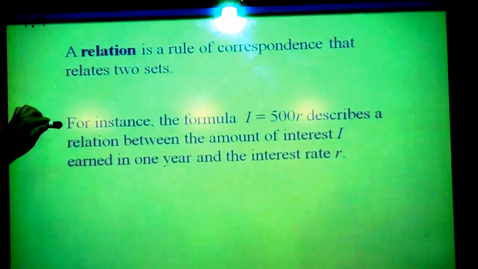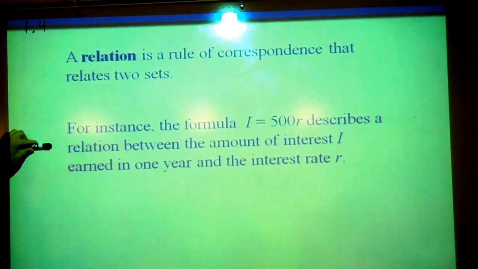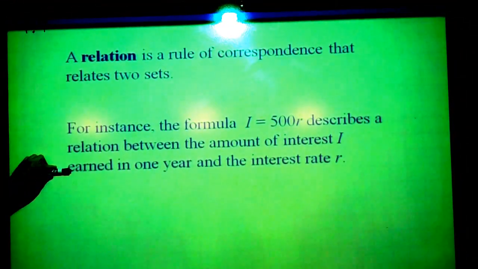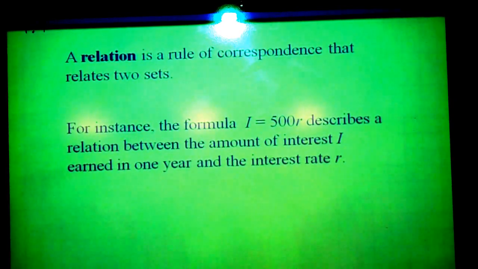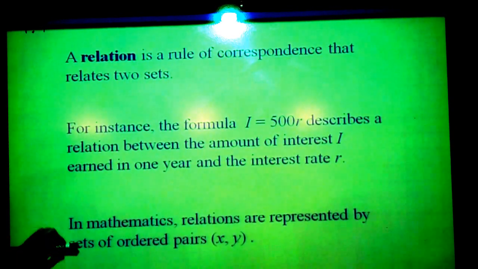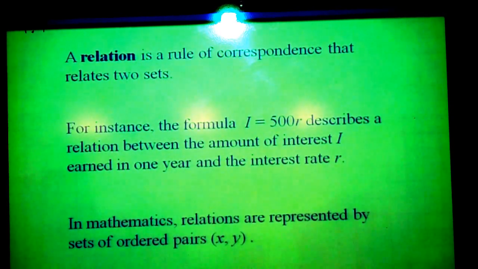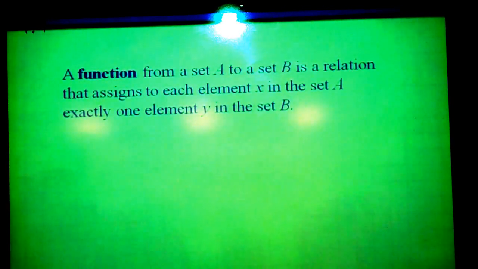Here's a relation. I equals 500R. It describes the relation between the amount of interest earned in a year and the interest rate R. In mathematics, relations are represented by sets of ordered pairs. None of this is new, it's just different language that we learn now.